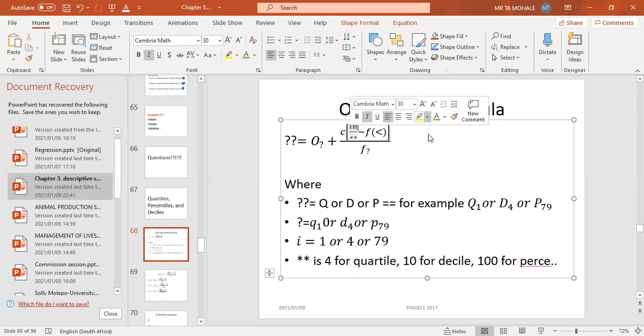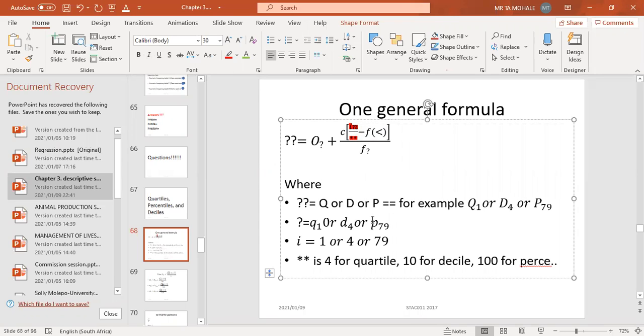Whatever you see after opening the bracket, that is the general formula for calculating position of all these measures of non-central location in a group data. So it's IN over the asterisk.